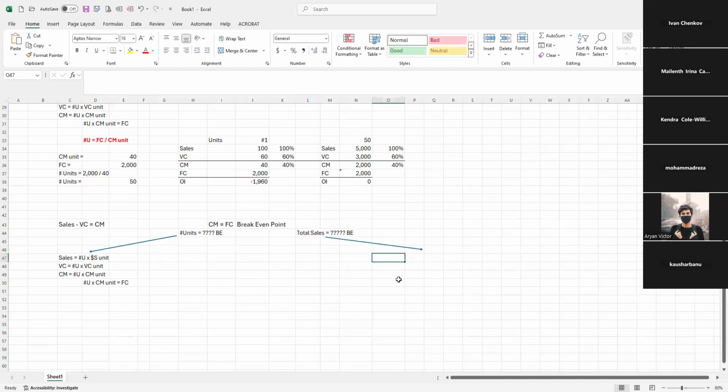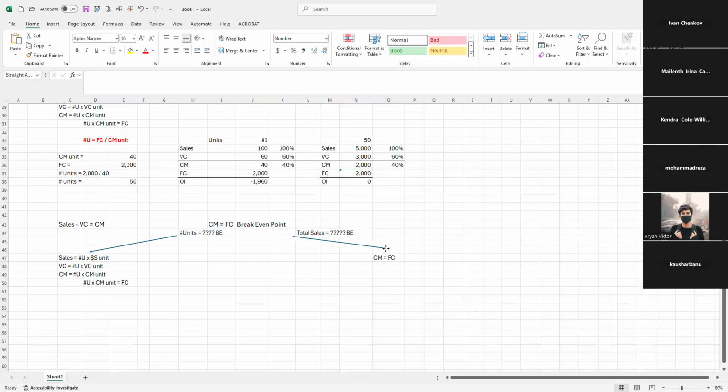Well, I have my starting point. I know that my contribution margin should be equal to the fixed cost, and only at that point will I be at break even. Now the question is, how much sales do I need to generate here in order to have enough to cover my fixed cost?